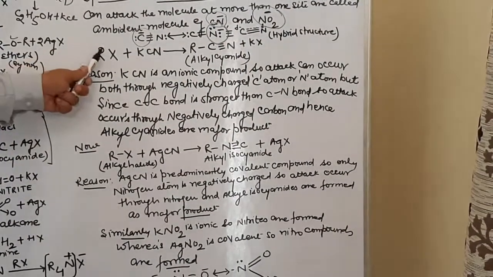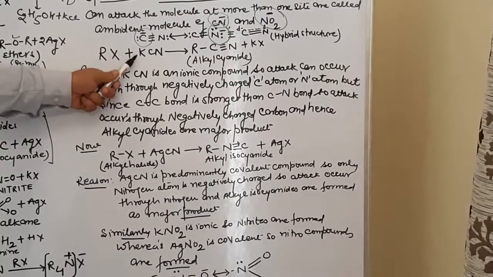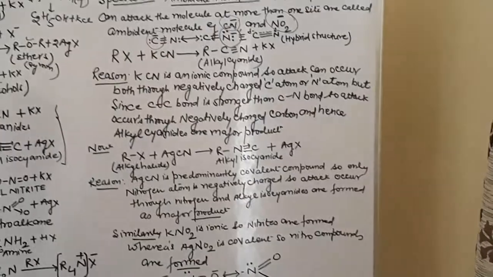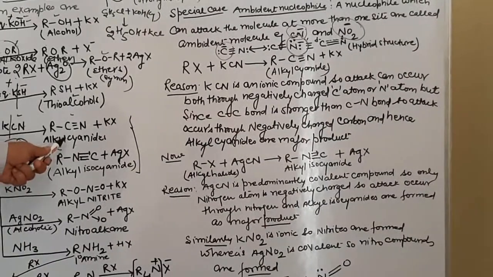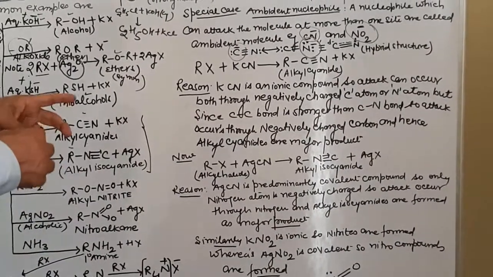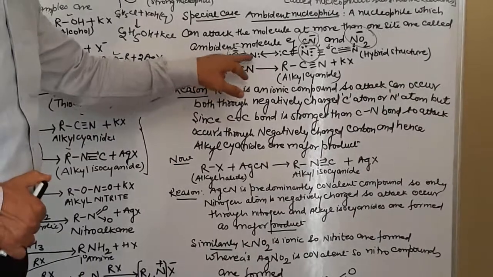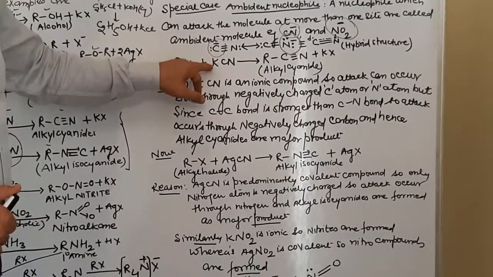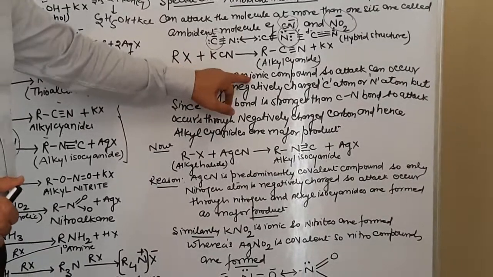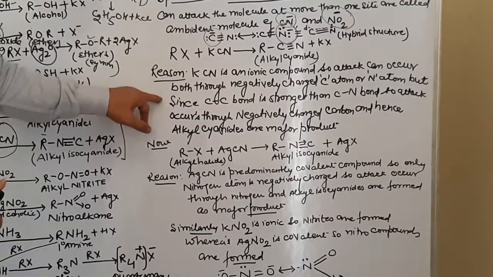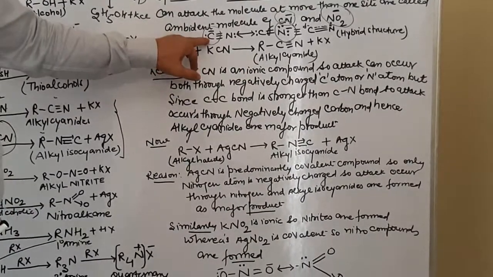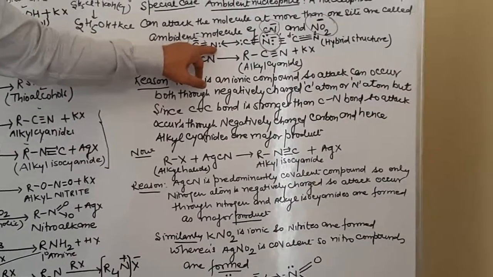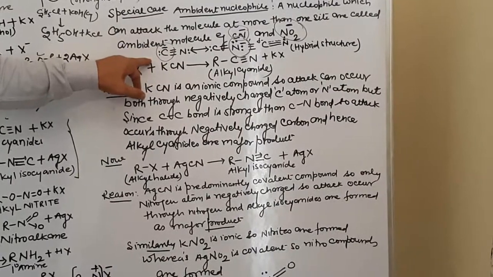Now, when alkyl halide is made to react with potassium cyanide, alkyl cyanides are formed, as discussed over here also. What is the reason for this? Because it could have attack from nitrogen or it could have attack from carbon. The reason being, potassium cyanide is an ionic compound. So when it is an ionic compound, attack may occur through carbon as well as through nitrogen, because nitrogen was also having a lone pair, and carbon was having a negative charge.